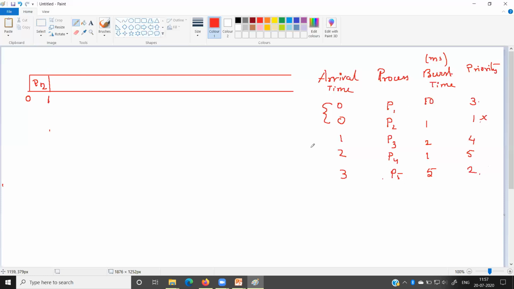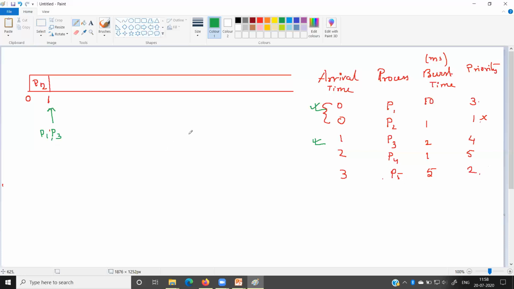Now after this 1 unit of time, two processes are present in our system: P1, which had already arrived at time 0, and P3, because P3 has arrived at time 1.